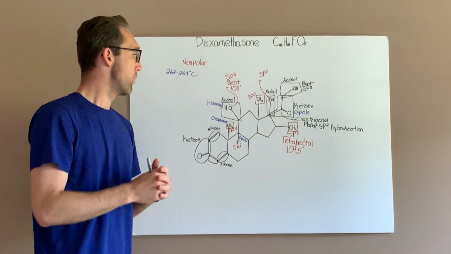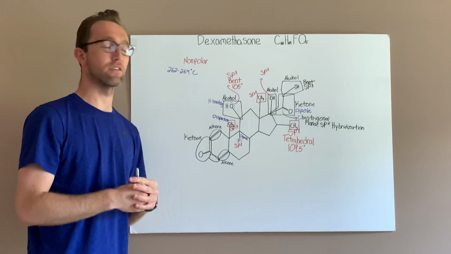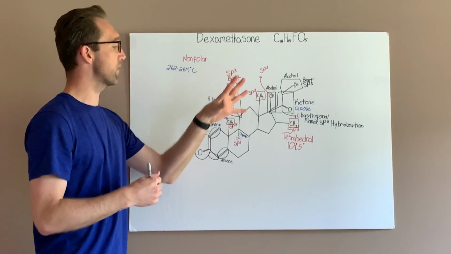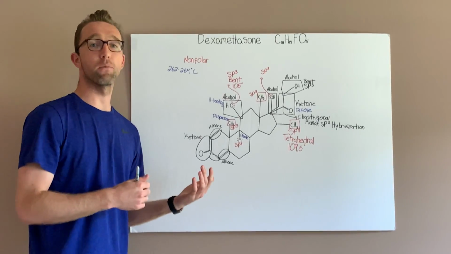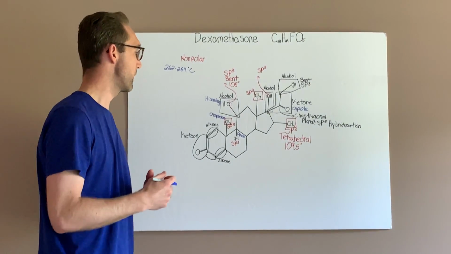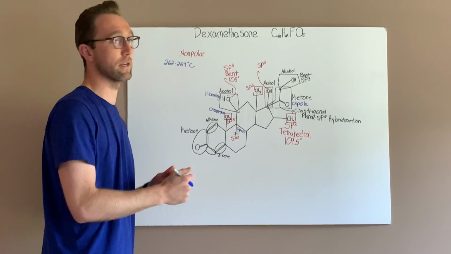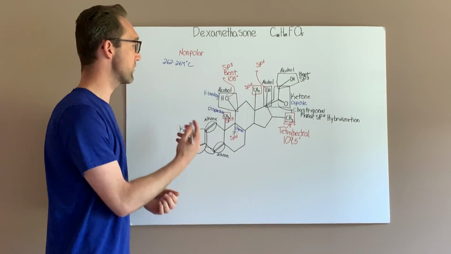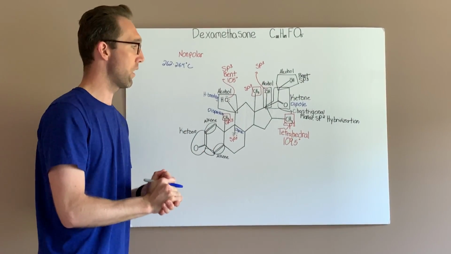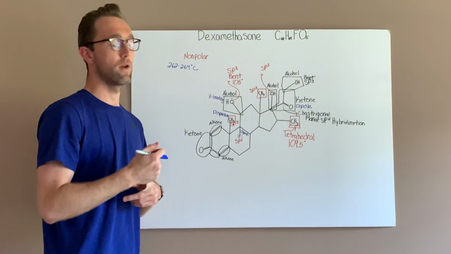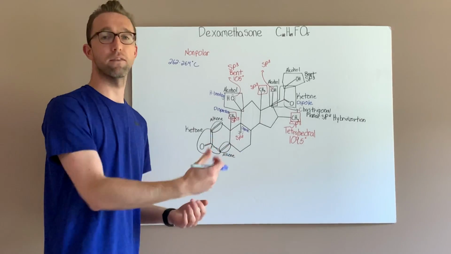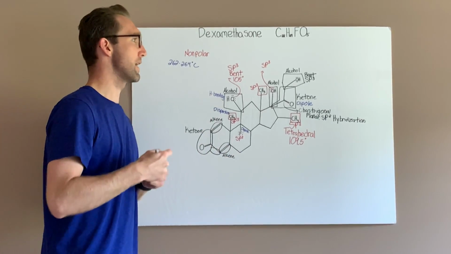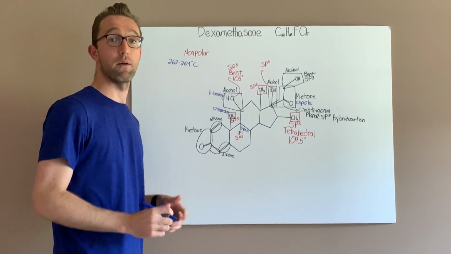Moving on to the acidity and basicity of the compound. When we look at the overall structure of dexamethasone, we see that we have functional groups in the molecule as identified before. We've got ketones, alkenes, and alcohols. However, we do not have carboxylic acid or amines. So off the bat, this tells me that dexamethasone is not acidic and not basic.